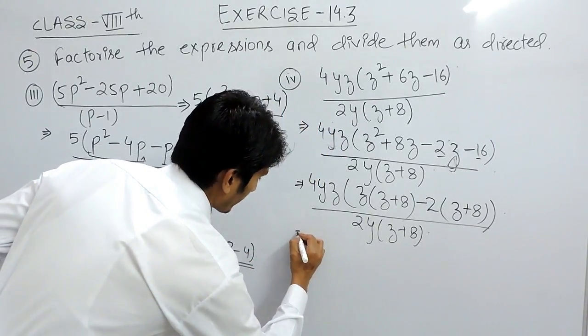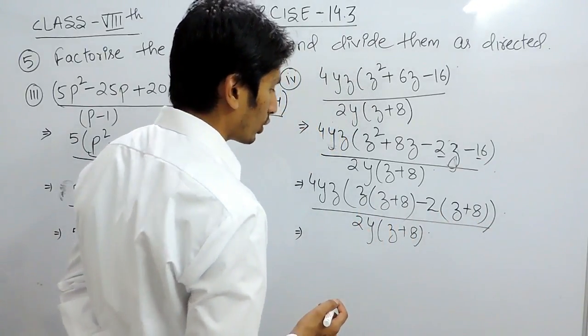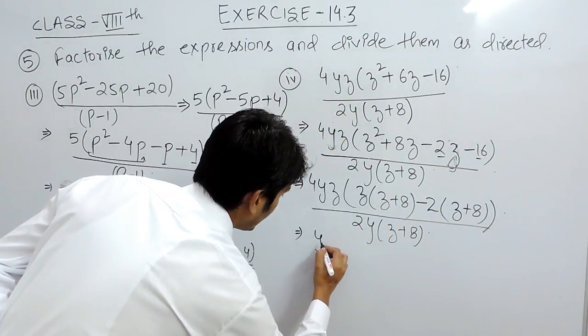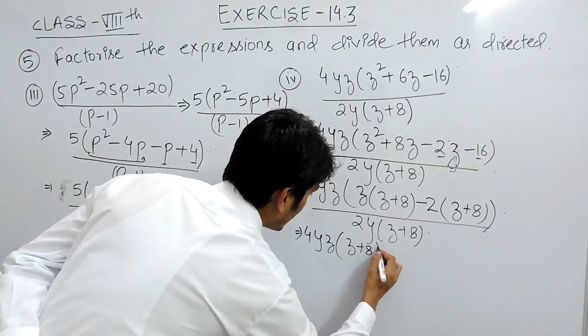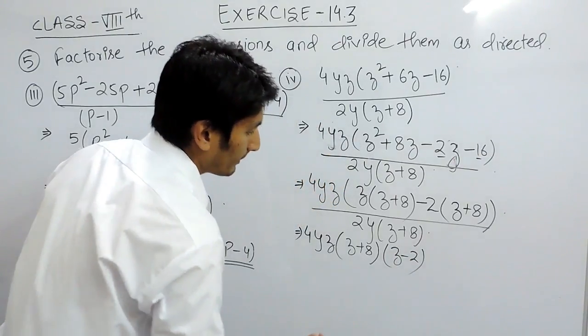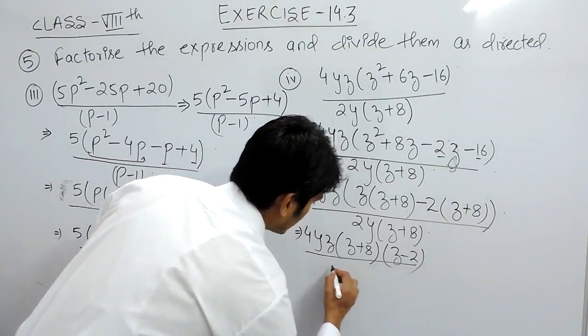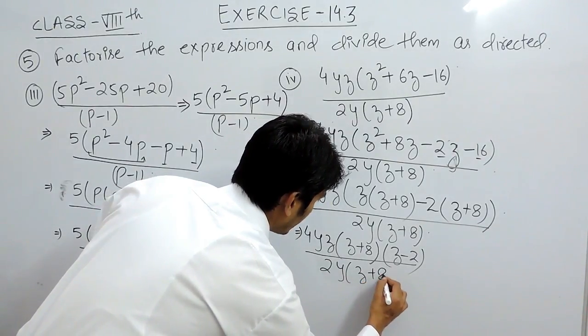Now from here and from this, z plus 8 is a common factor, so I can take z plus 8 as a common factor, and the remaining z minus 2 will remain inside the bracket, and this is 2y and this is z plus 8.